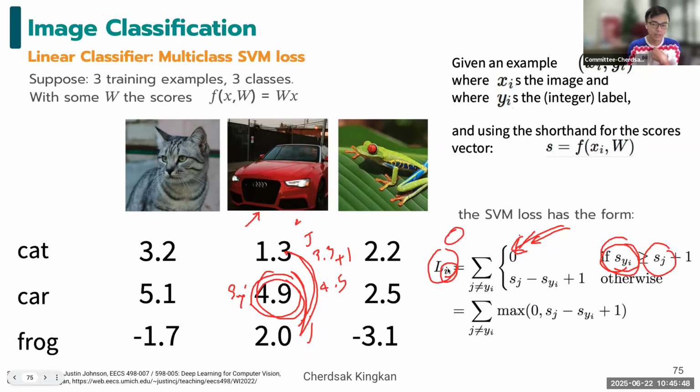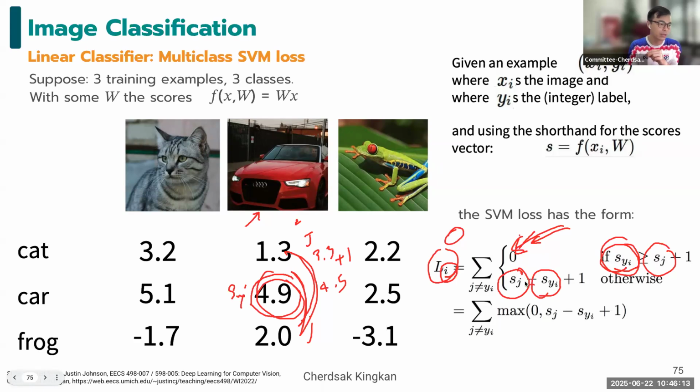Here our objective is to minimize the loss value, which means 0 is good. Otherwise, if it's not equal to 0, it will be equal to the sum over the incorrect classes of the score minus the score of the correct class plus 1.